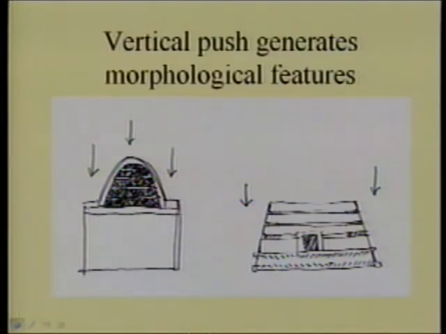I have drawn some examples of vertical push, which generates morphological features, the thickening lips and bulges. Domes can be included in typologies that occur from this push-pull model, vertical push down.